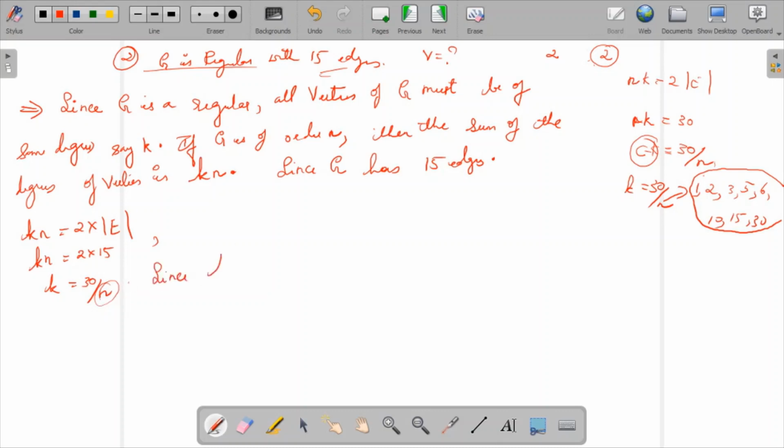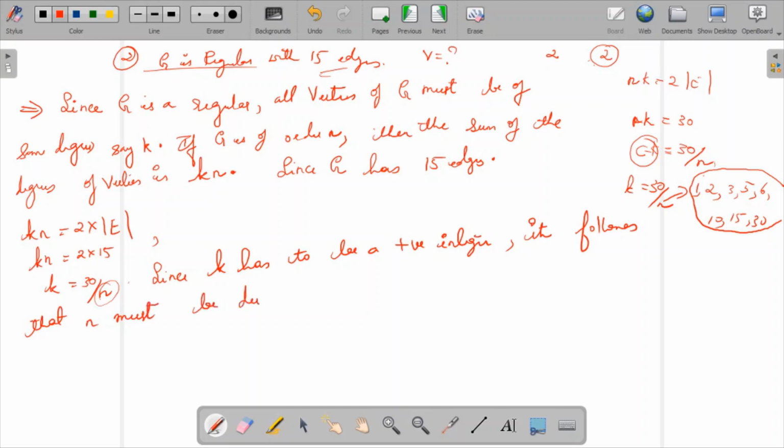Since k has to be a positive integer, it follows that n must be a divisor of 30.